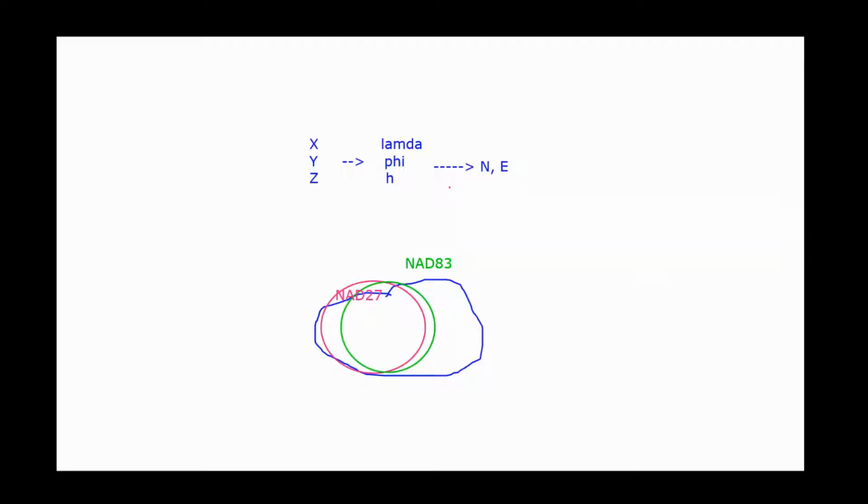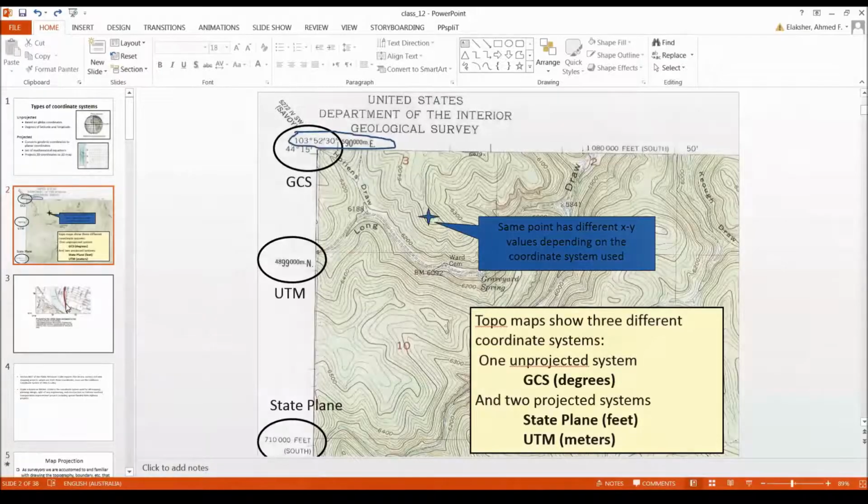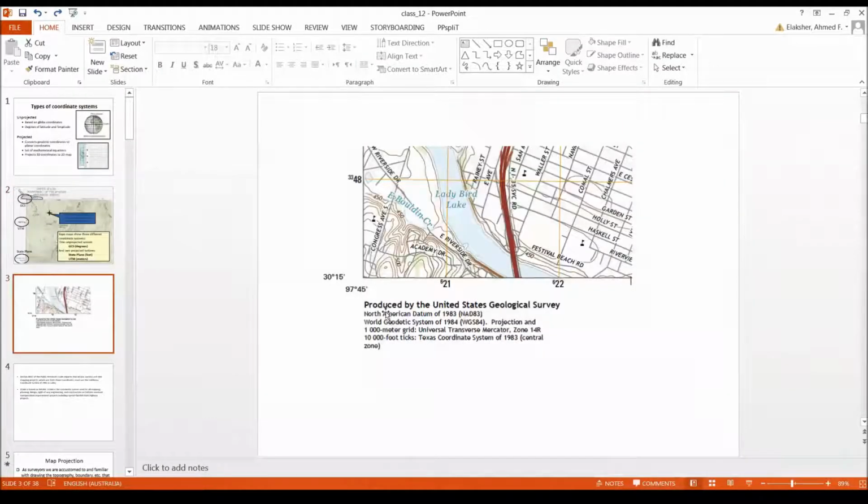So that's why, when we look at maps like the topo maps here, one of the important things is that it says this topo map is based on the WGS 84. That's the base of this map projection. It's an NAD 83, and it's using the WGS 84. That is very important. And then it also tells you what type of map projection is being used.